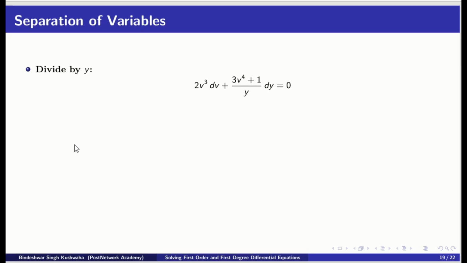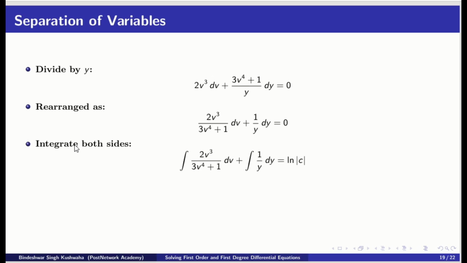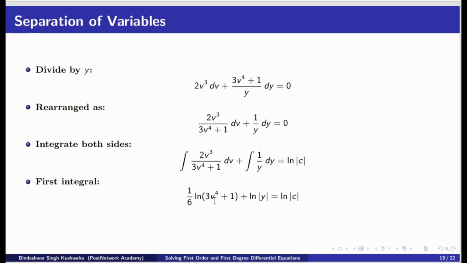Thereafter we will have this one. Thereafter we will separate it in two terms. Here v terms are here and y terms are there. Right? And here c. So when we integrate, we will get this one. Now what will we do? We will replace v by x upon y.